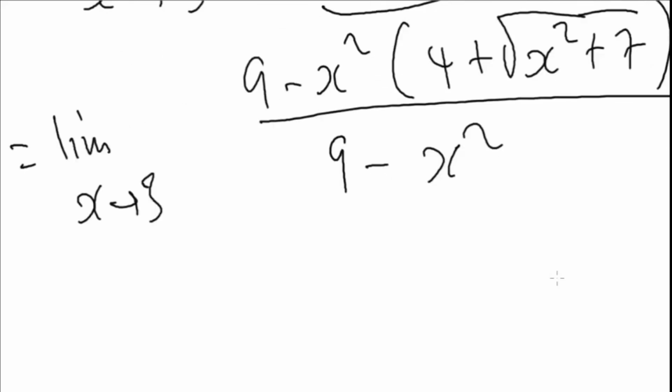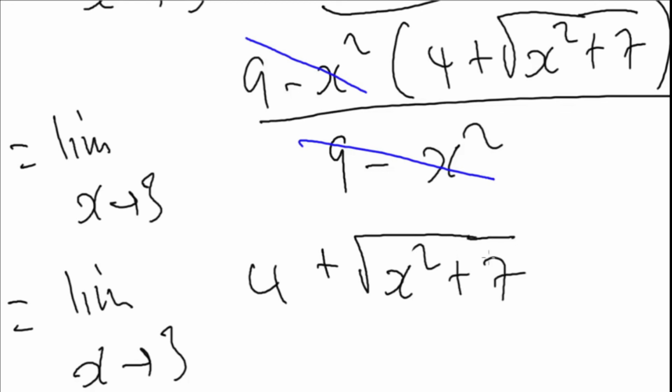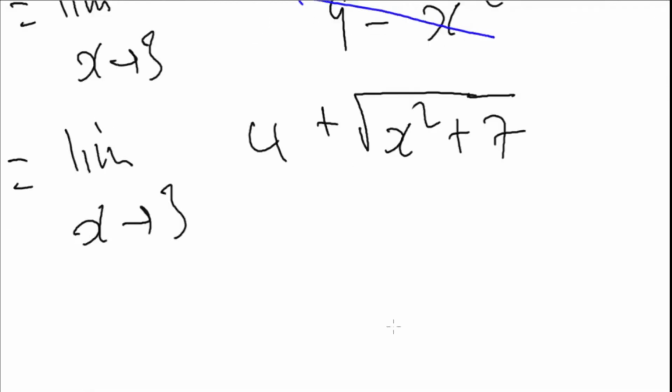If you reach this stage, now you can cancel out, so you are going to remain with the simplified expression. If you reach this, then you can go ahead and substitute things there.